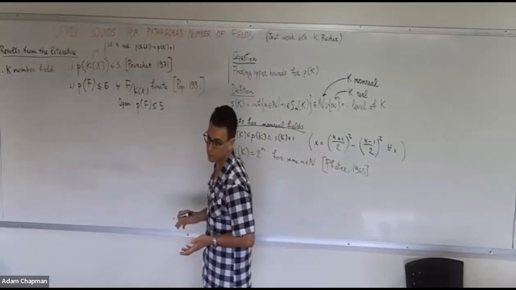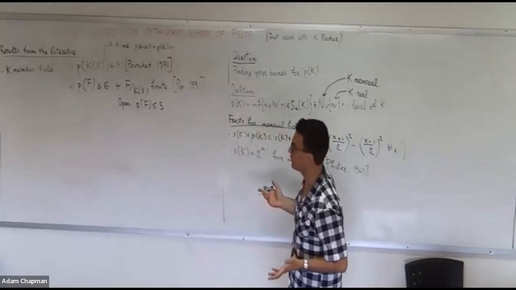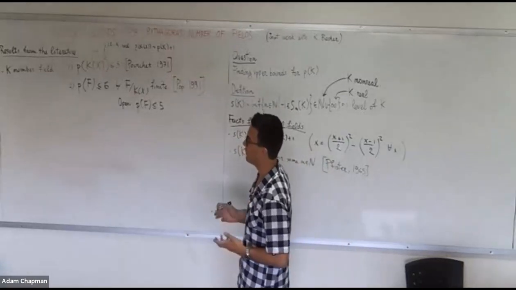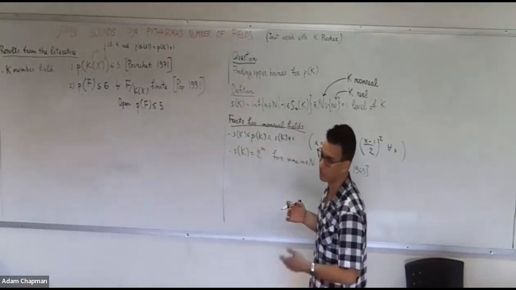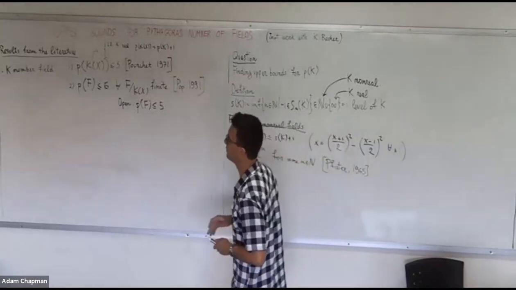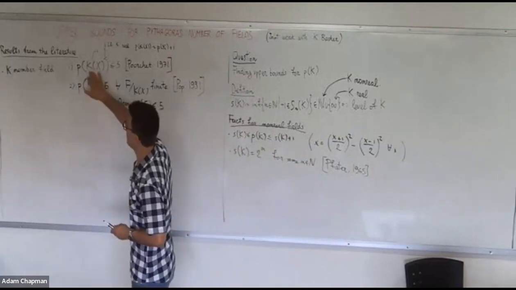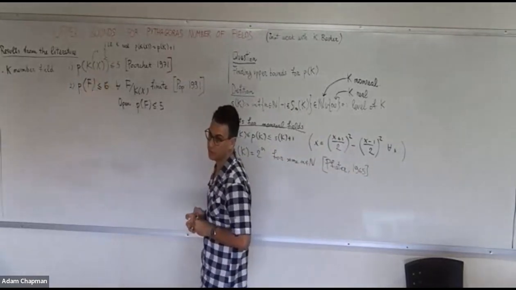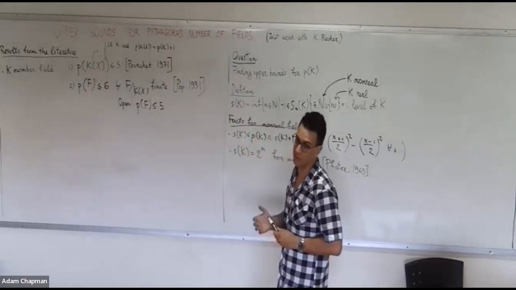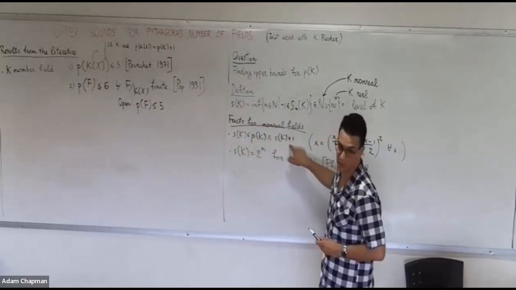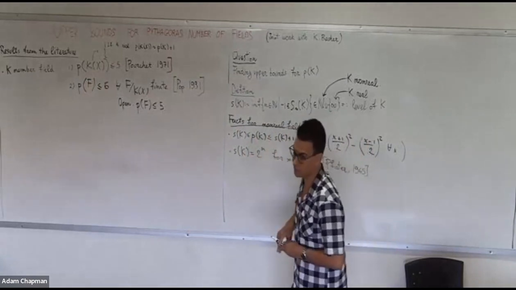If it's non-real, it's not possible to have it because if you take a number field with level 2 and Pythagoras number 3, for example, then this upper bound here already forces us to.